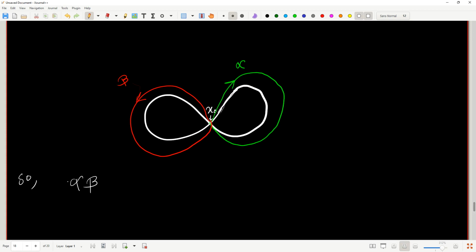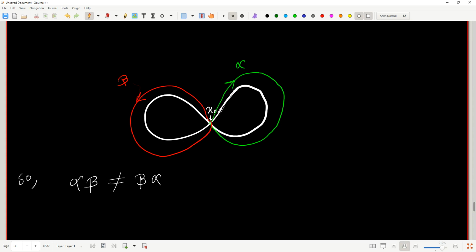What does that tell me? At first I have to go around this green line, which is the right side from the base point, and then after I return to the base point on beta I go around, and this is on the left hand side of the base point, right? And this is not equal to beta alpha.